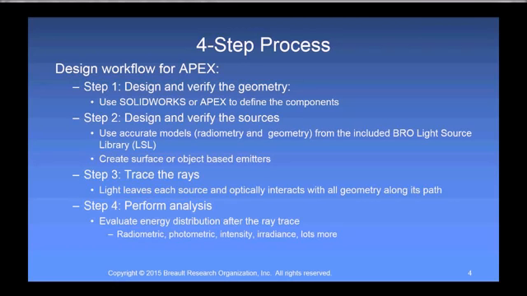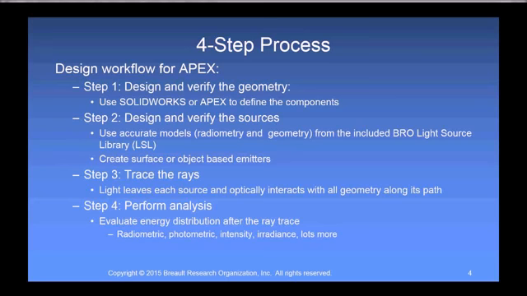Once you've defined your geometry, turn them into optical components as appropriate by assigning the optical properties. The next step is to design and verify the sources. Within Apex, there is a very substantial light source library that has very accurate models, accurate radiometrically, accurate geometrically, for a large number of commercially available sources, filament lamps from automotive, and of course, lots and lots of LEDs.